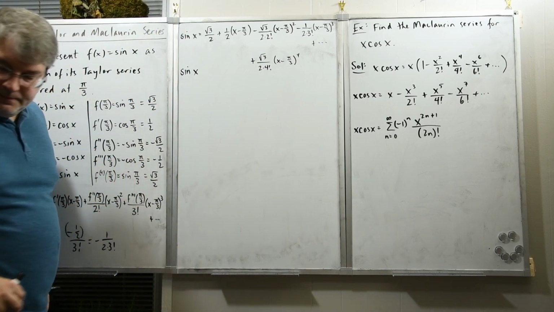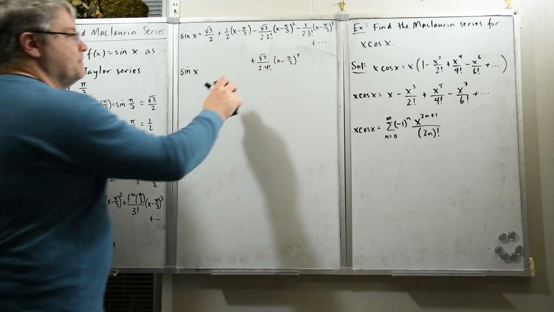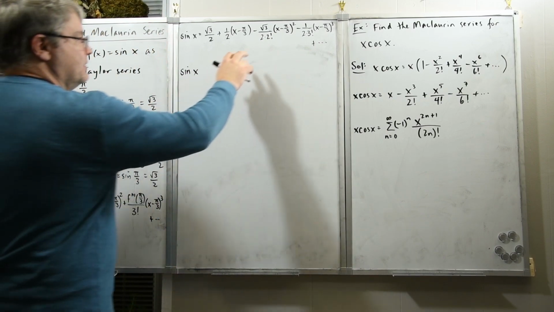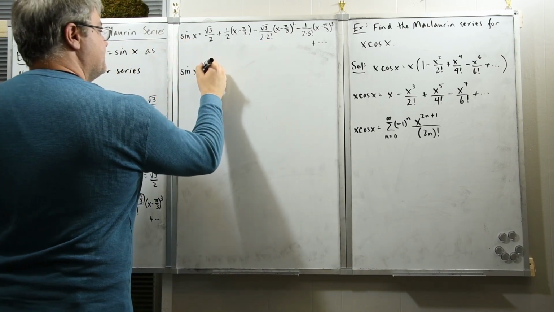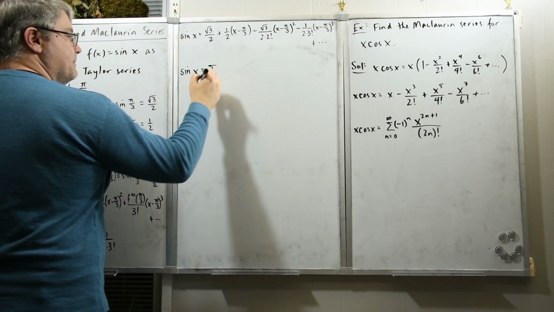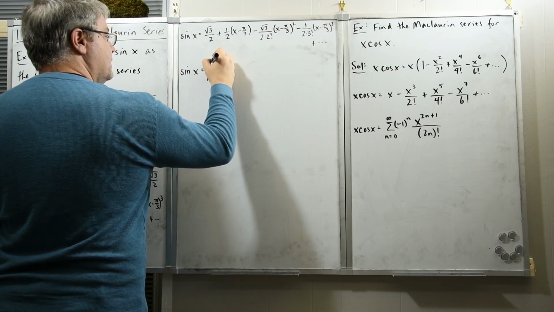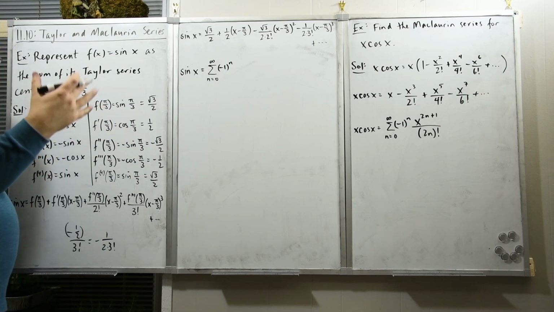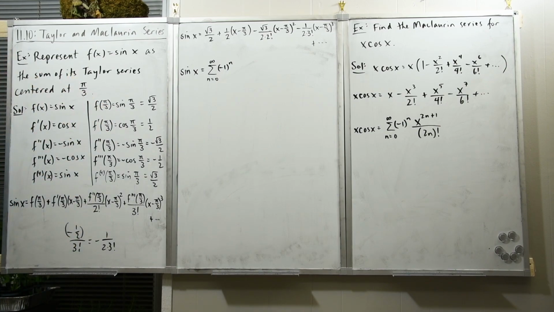So if you think about that for a moment, what you're going to find is that these even powers of x minus pi over 3 can be included in the following sum. You'll have summation n equals 0 to infinity. You'll have negative 1 to the n, because there is a sign change mechanism every time.